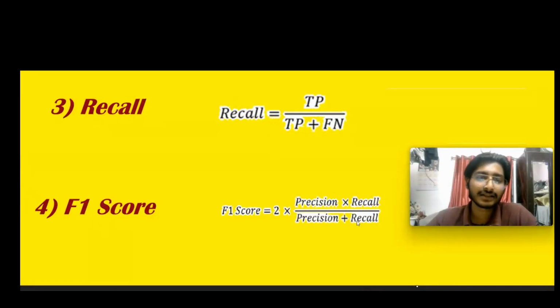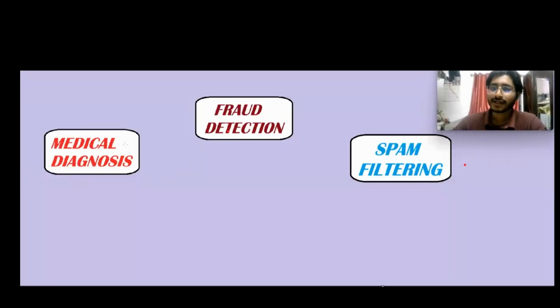Now let's consider real world examples to see why this is important. The first is medical diagnosis, for example cancer detection. Recall is extremely important, because missing a cancer patient, which is a false negative, can be life threatening.